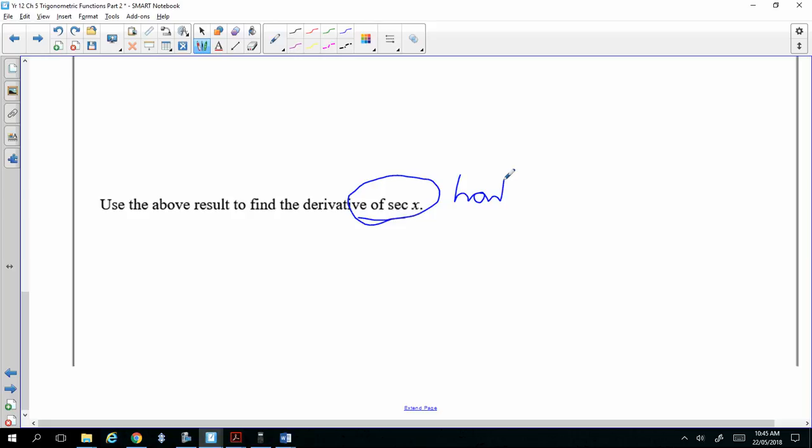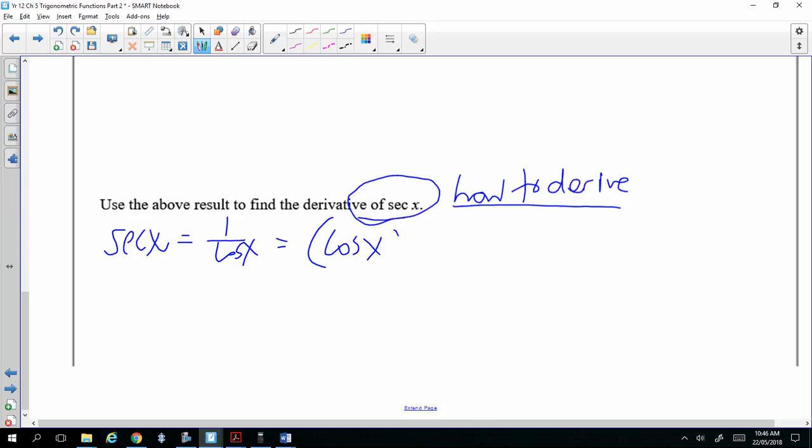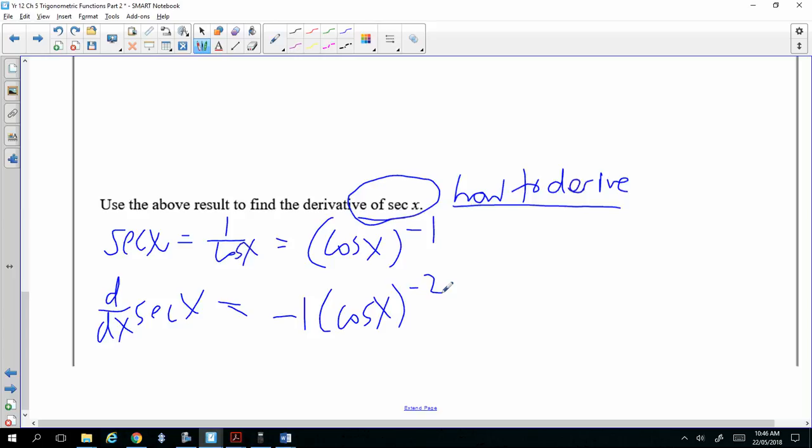Hopefully the teacher has derived with you how to derive sec x. What you need to do is write sec x as 1 over cos x, which is equal to cos x to the power negative 1. So you can differentiate it using the chain rule. So d over dx of sec x equals, bring the negative 1 down, power negative 2, on page 8, times by, so have a look at how it's done.